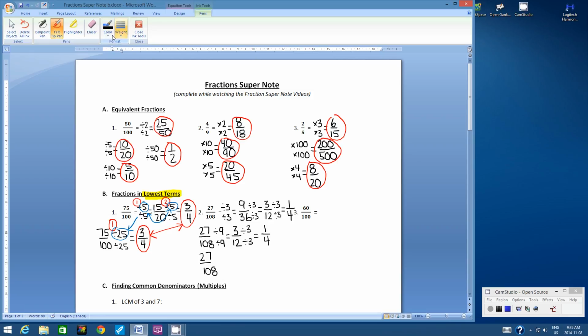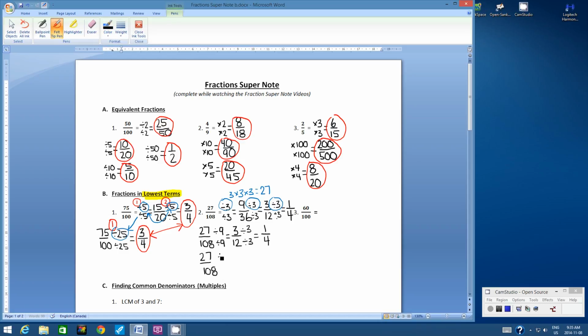Now, is there a way that we could have come to the answer in one step? Well, let's use our other marker here, and let's have a look at the numbers that we divided by. 3, and then 3, and then 3. So if I work this out up here, 3 times 3 times 3 is 27. So I'm wondering if that would be a factor here.